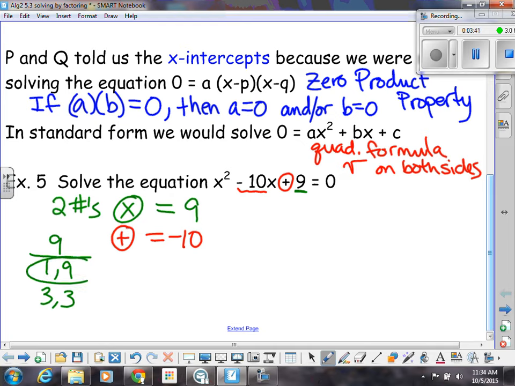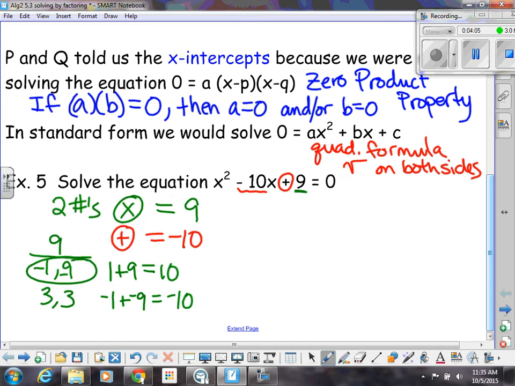So which of these add to equal 10? Well, 1 plus 9 equals positive 10, but I need them to equal negative 10. So we would need these to be negative 1 plus a negative 9 in order to equal negative 10. So the question is, if I do negative 1 times negative 9, will those still equal 9? Well, sure they will, because a negative times a negative is a positive.